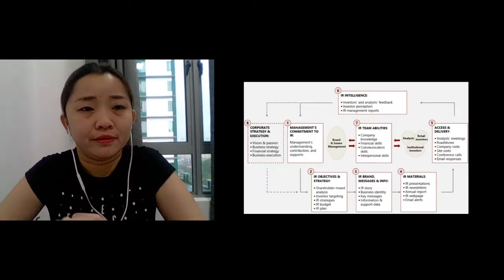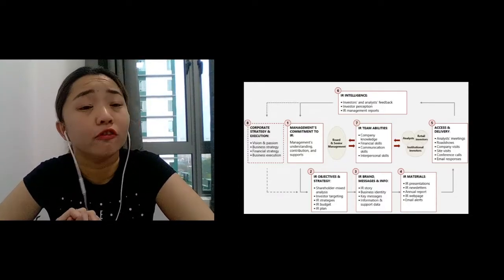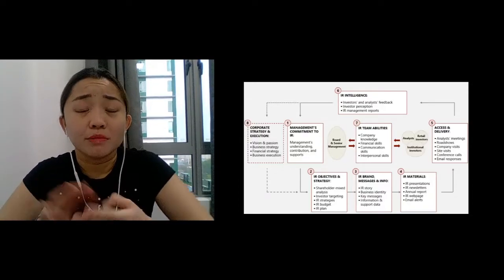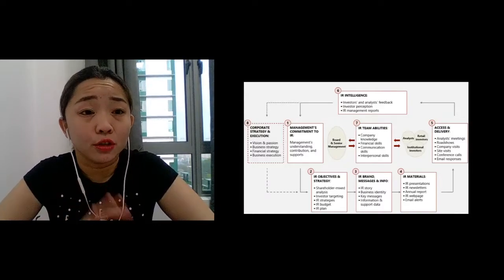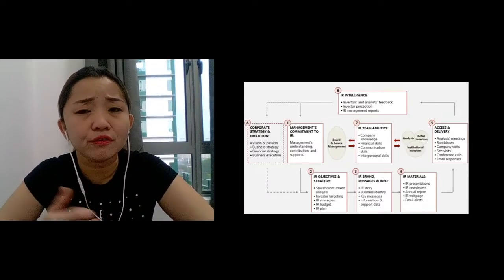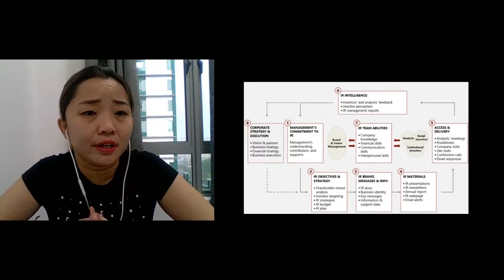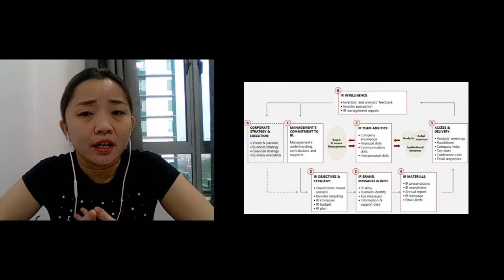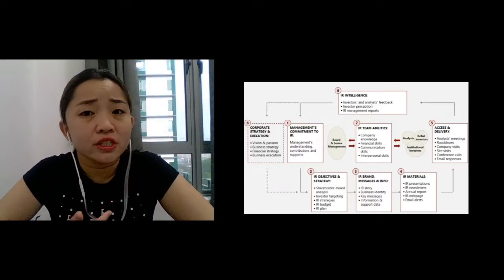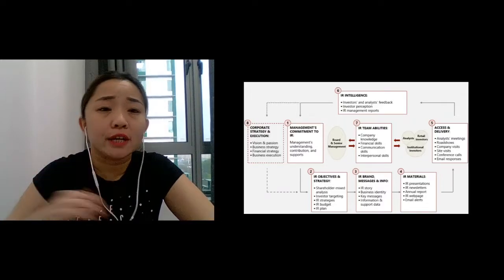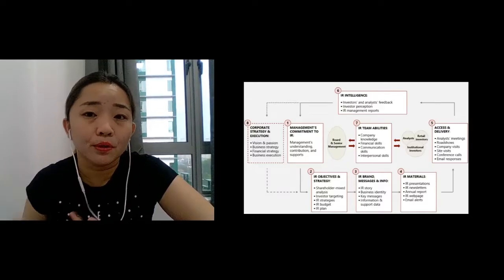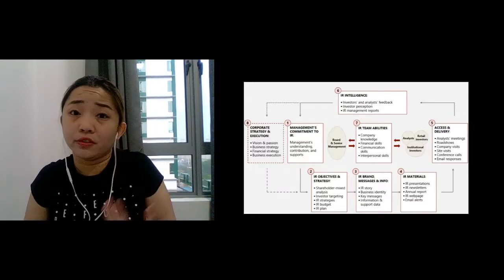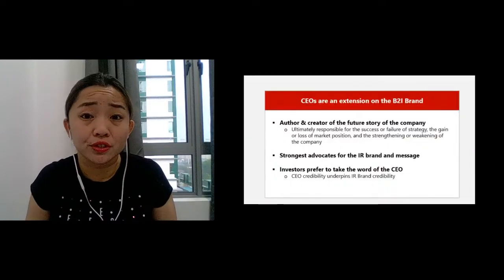What's your brand? What's your message? What's your info? What's your material? And how do you choose to deliver your material? And of course, how good is your IR team at the end of the day? And are they intelligent enough? This chart shows you the flow of how it all works, but I'm going to talk a little bit further about this probably when we meet on Thursday.